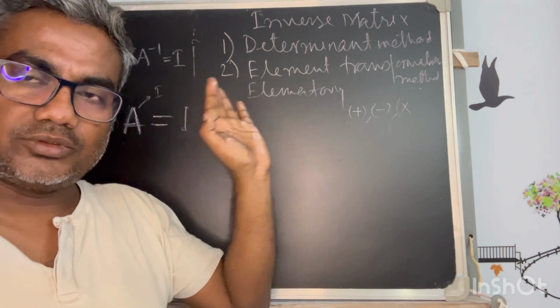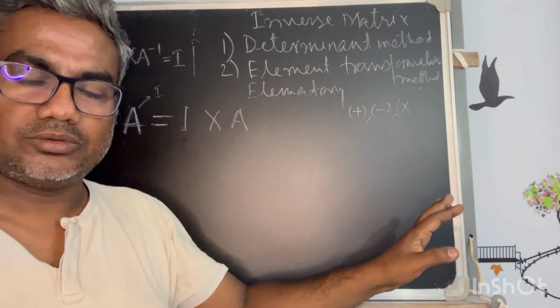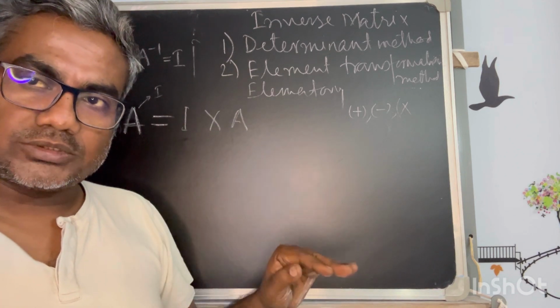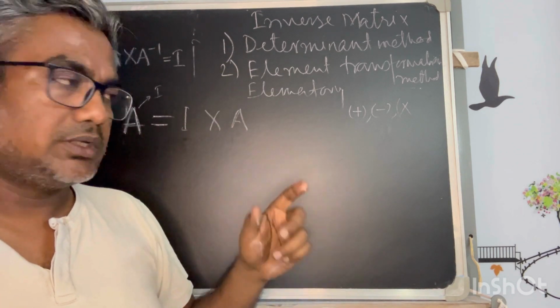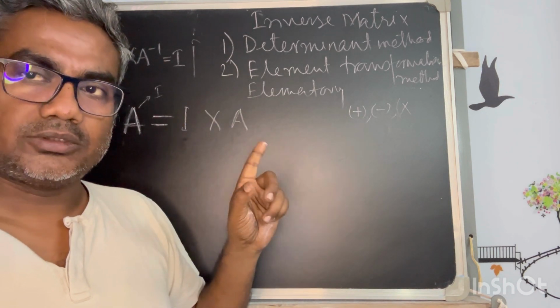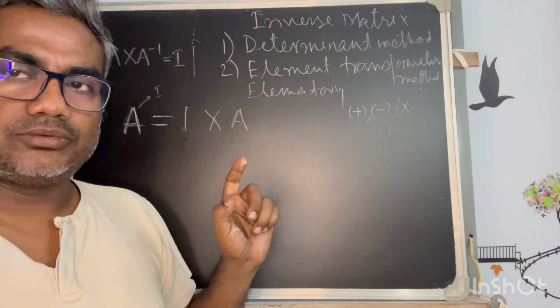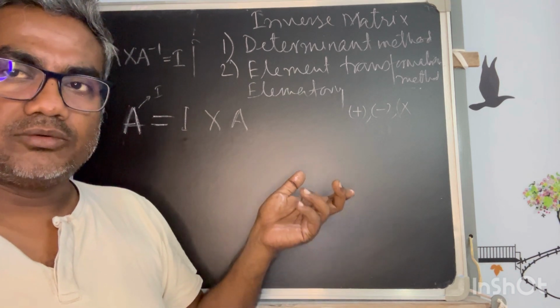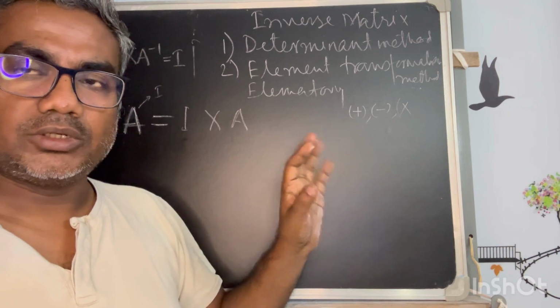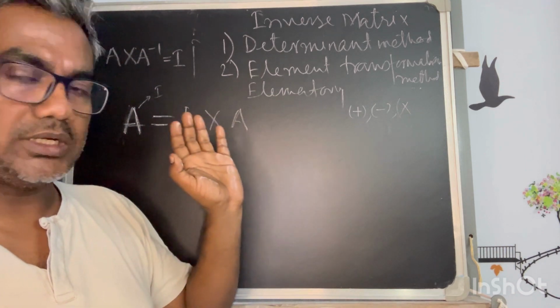Either you follow the row operations, whatever operation you do, you have to do on the rows, or if from the start you are doing the column operation, you have to stick with the column operation. You cannot mix one time column, one time row. That cannot be done.